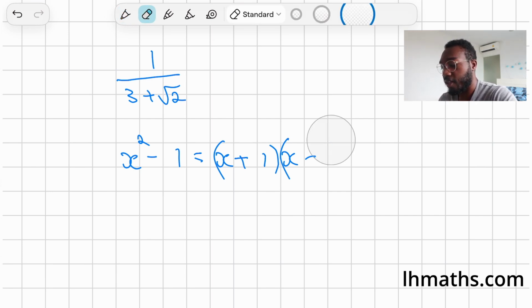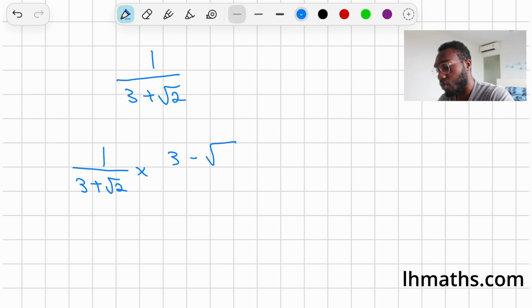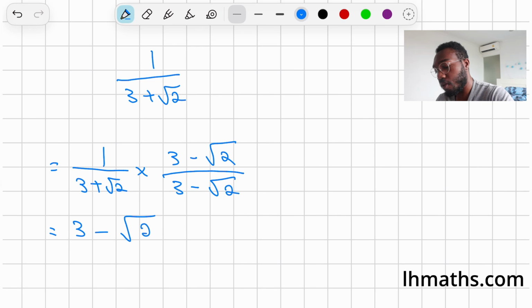So if I do that now with this, what we want to do is times 1 over 3 plus root 2 by 3 minus root 2 over 3 minus root 2. We think of it like a difference of two squares, because that will, in turn, get rid of our square roots. So if we work this out, 1 times 3 minus root 2 is simply 3 minus root 2.